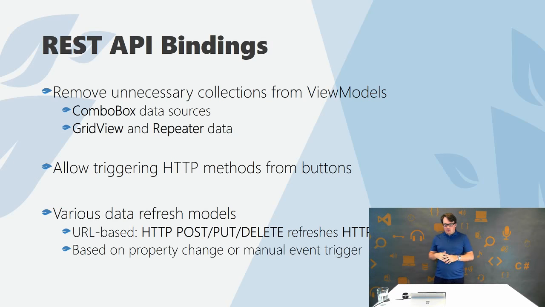So it can be much more efficient, and also you don't need to transfer this collection in every view model in every page because it's loaded from an external source. The same can be applied, for example, for grid views and repeaters. You can easily load data in these controls using REST API. And also you can invoke REST API methods from buttons. So, for example, you can create a button which calls HTTP POST or HTTP DELETE or things like that.